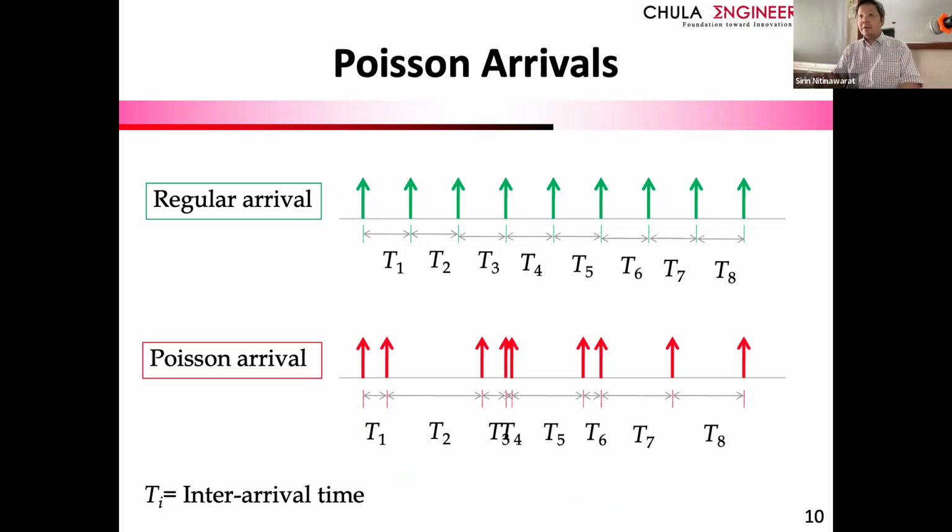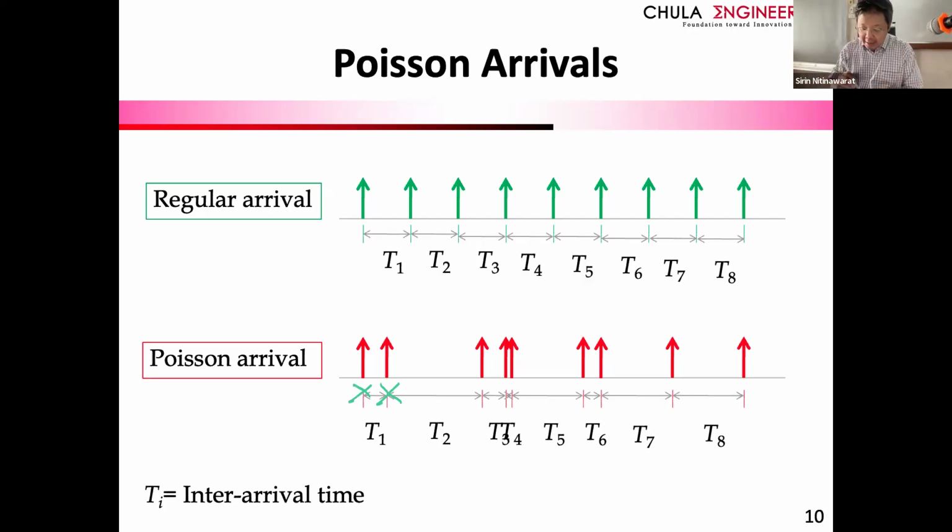Okay, to that end, I will zoom in. Let's say this is the first customer, this is the second customer. I already know that they arrive at that time. Let's say I look into the future to specify the distribution of T2 according to the rule of the Poisson arrival process.